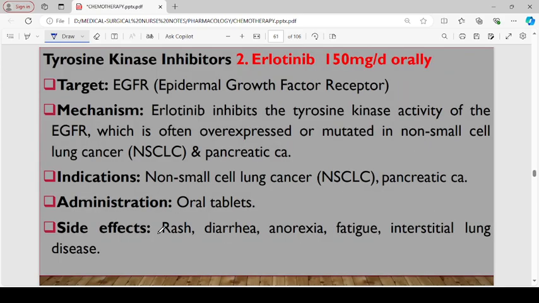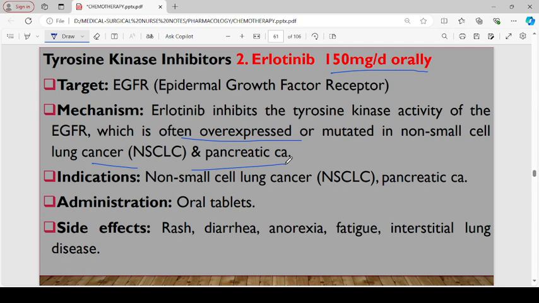Another example is erlotinib, which you normally give around 150 milligrams daily orally. It targets the epidermal growth factor receptor. The mechanism of action is that this drug inhibits the tyrosine kinase activity of the epidermal growth factor receptor, which is often overexpressed or mutated in non-small cell lung cancer, and also in pancreatic cancer.